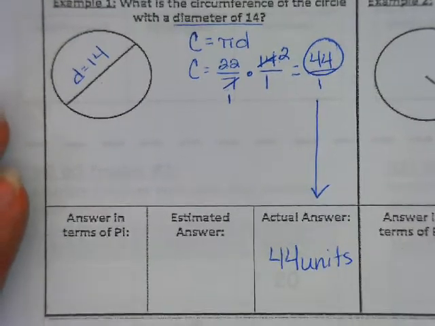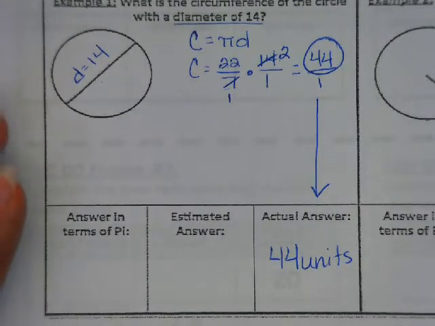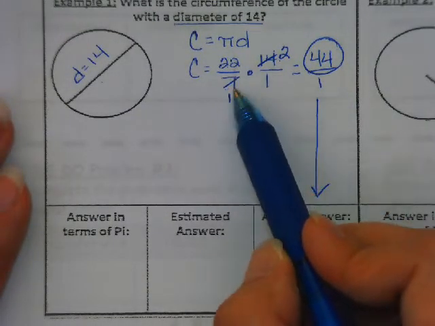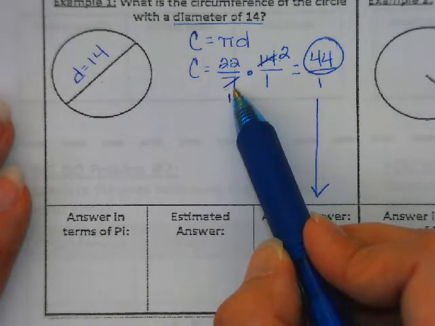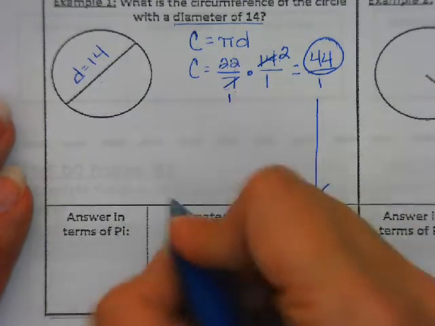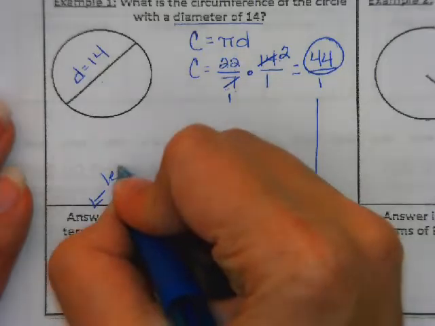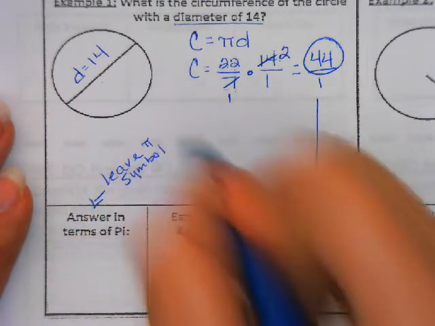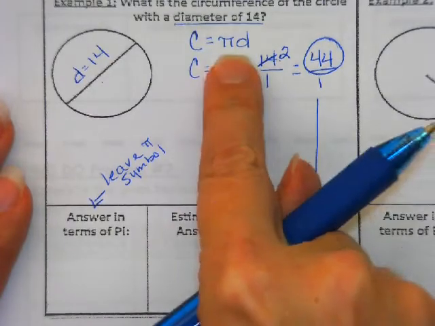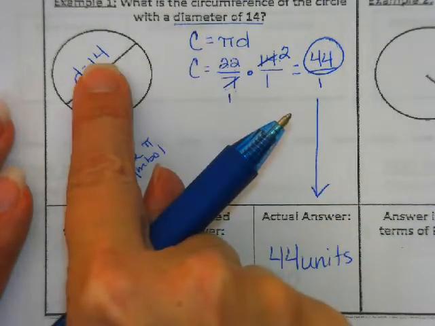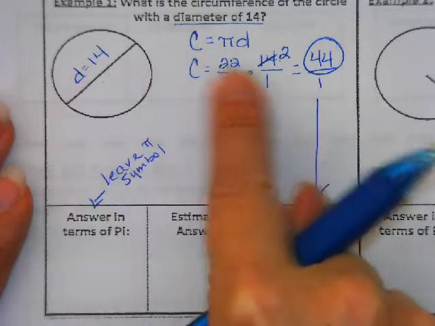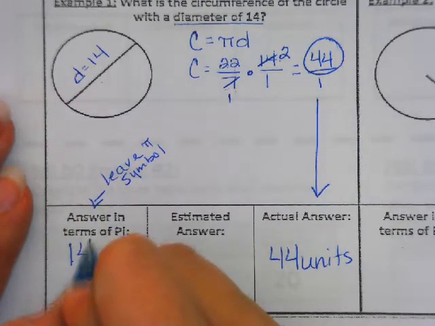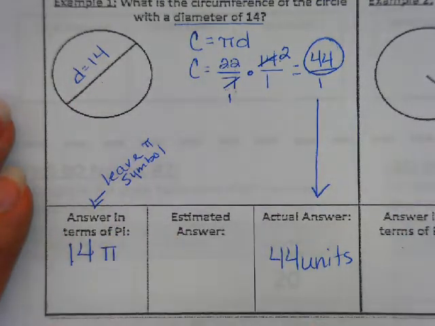Okay? If we wrote our answer in terms of pi, this is going to be something we also visit. Terms of pi means that you're going to leave the pi symbol. Okay? So what was my diameter? 14, and we did it times pi. So we would just write, don't overthink this, 14 pi.